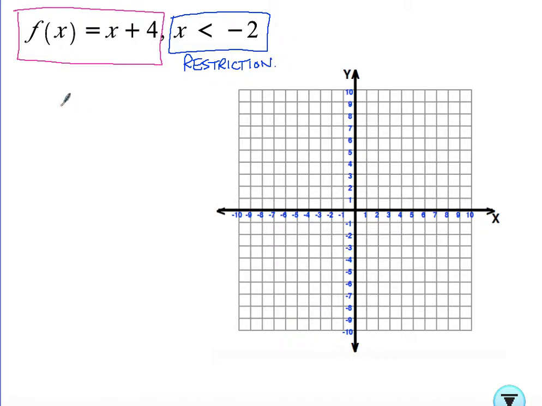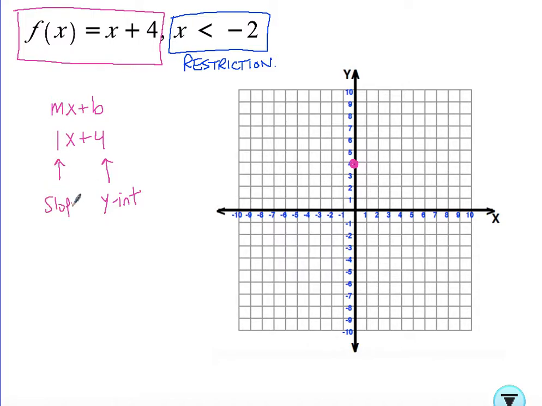That hopefully reminds you of mx plus b. And if we have x plus 4, that means that our y-intercept is 4. So we would start at 4 on the y-axis. And then the slope is the thing in front of the x, which is technically a 1 here.